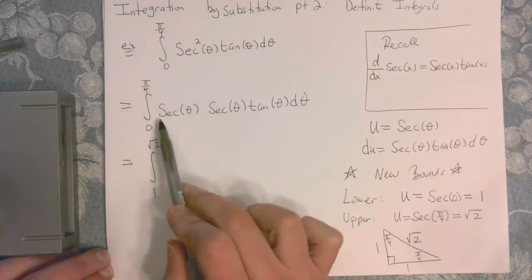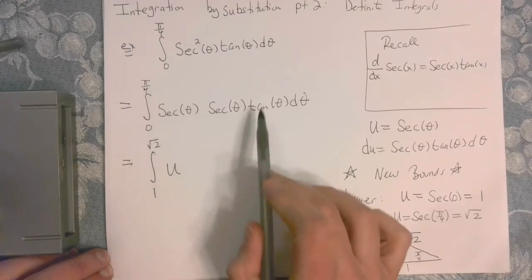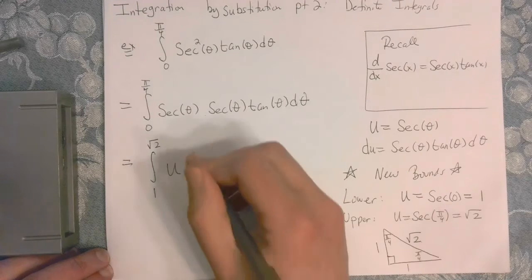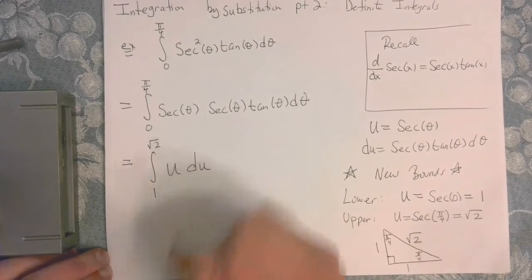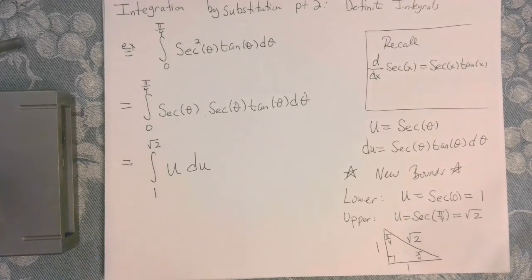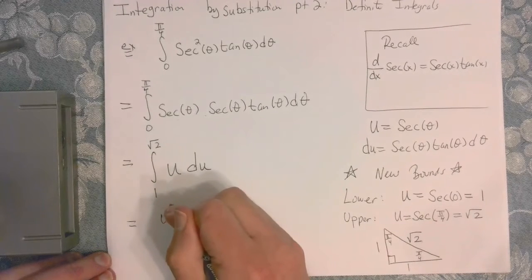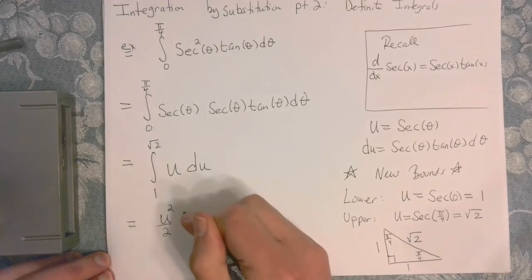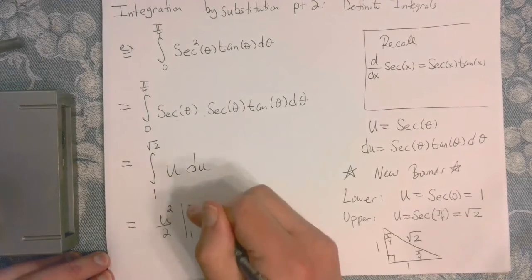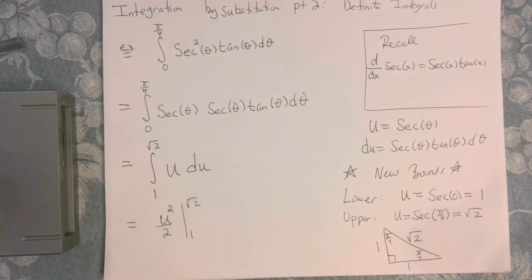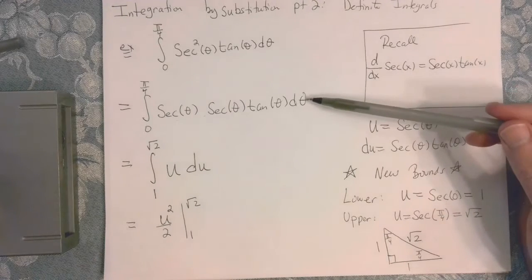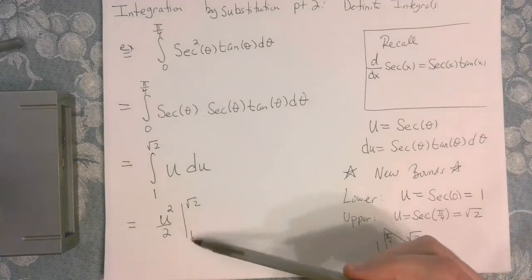Now this is exactly what we're calling u, and this is exactly what we're calling du. Well, this is nice because we can use the power rule. So this is u squared over 2. We want to evaluate that from u equals 1 to u equals radical 2. Notice when I'm careful to change my bounds, I don't go back to variable theta. All the info that I need is encoded in the bounds.